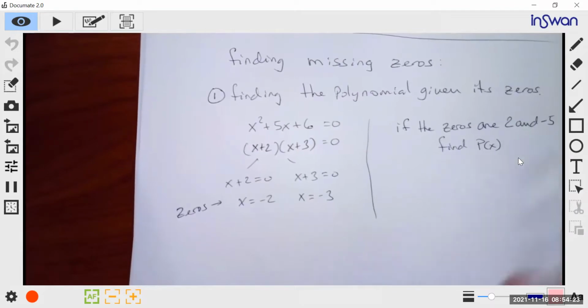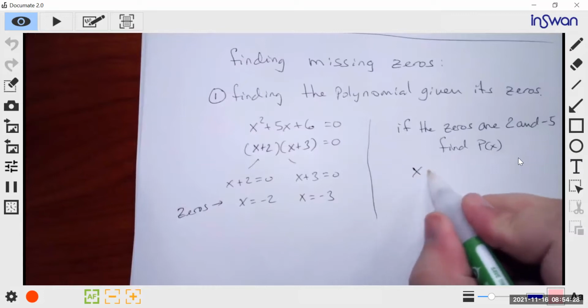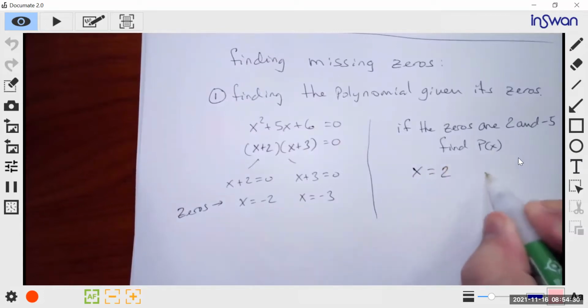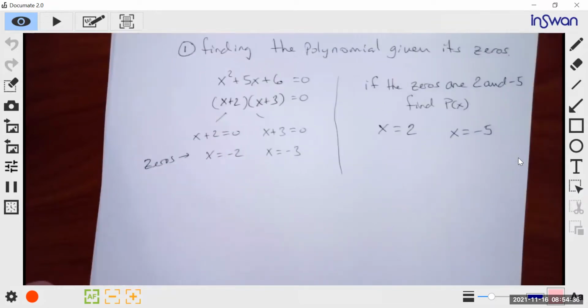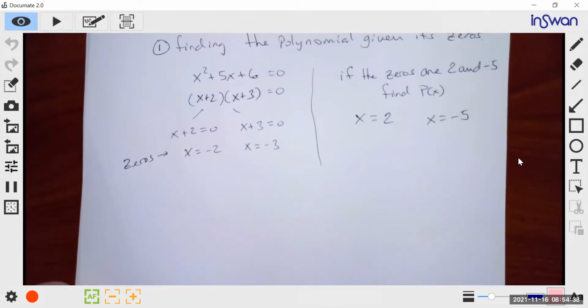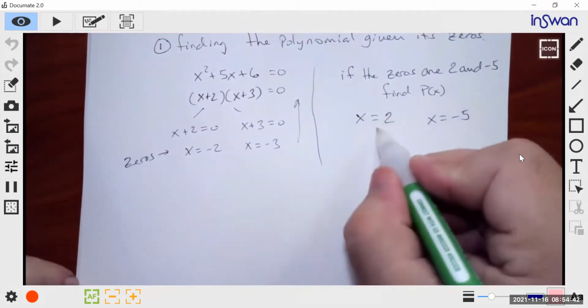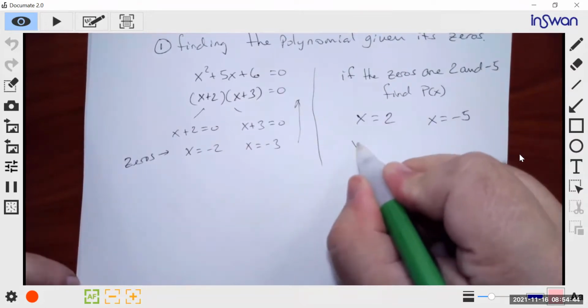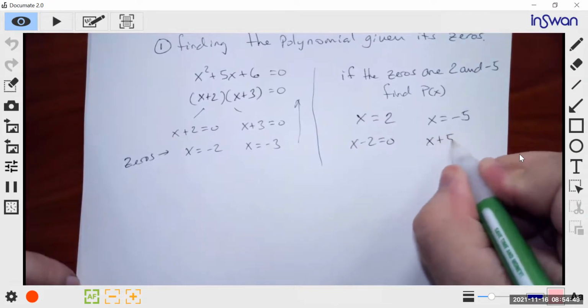So we begin by being given the zeros. We know x equals 2 and x equals -5. We're going backwards. So set these equal to 0. This one is x minus 2 equals 0. This one is x plus 5 equals 0.